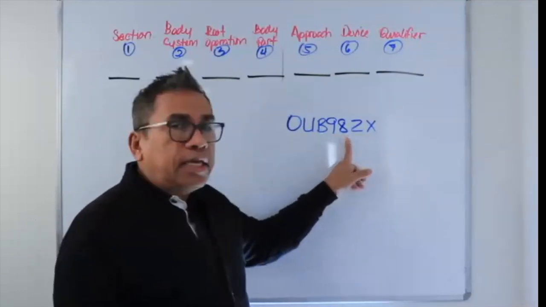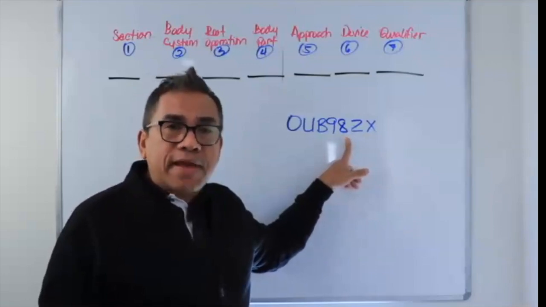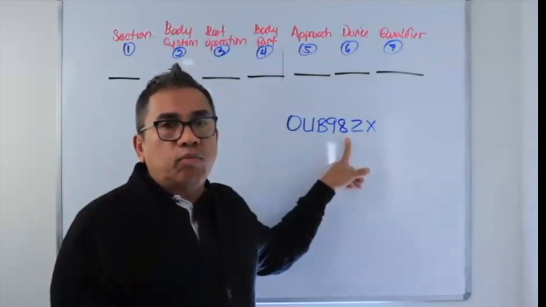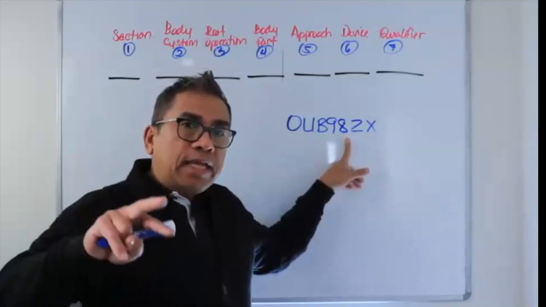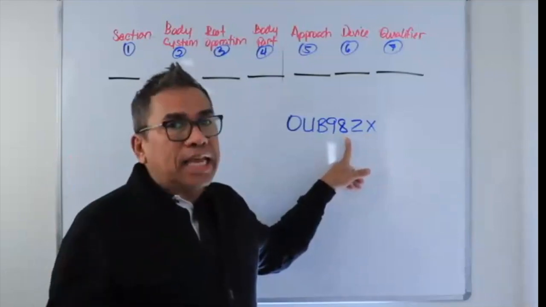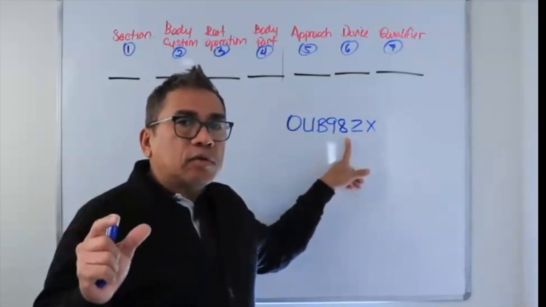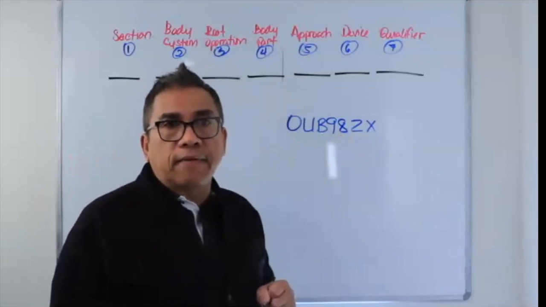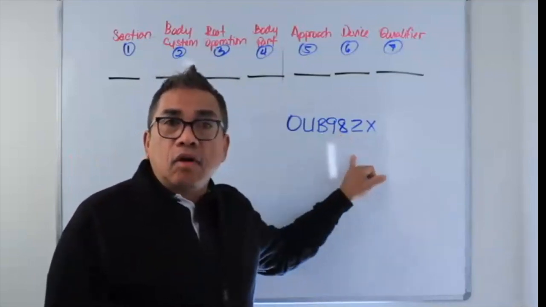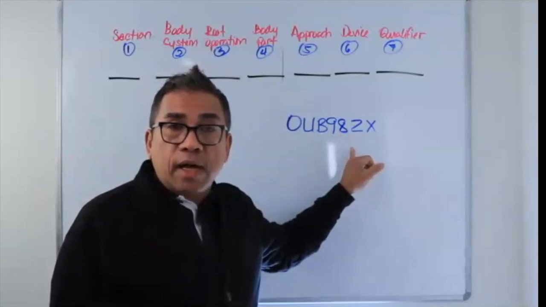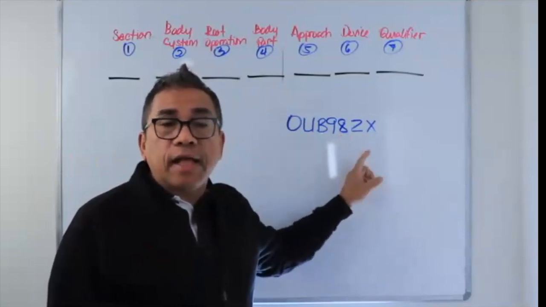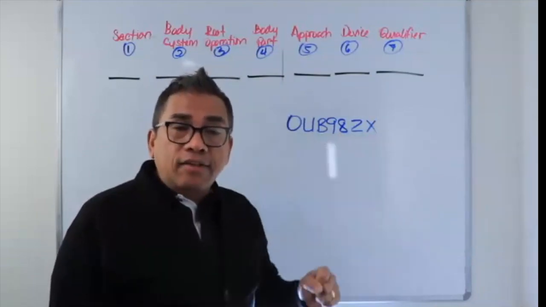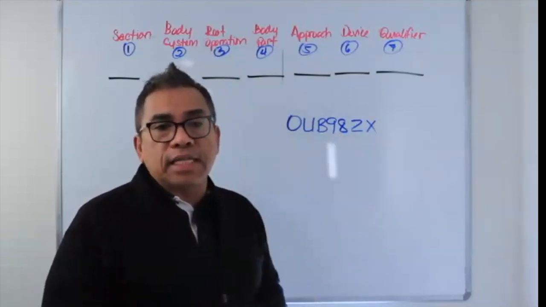Because letter 8 here is the permanent value for an approach that is endoscopic via natural opening. The difference between 8 and 4: 4 is endoscopic percutaneous. If it's via natural opening or artificial opening, your value is number 8. And no device was used, that's why our sixth character value is Z. We decided that the last character has to be X because this is biopsy in nature.